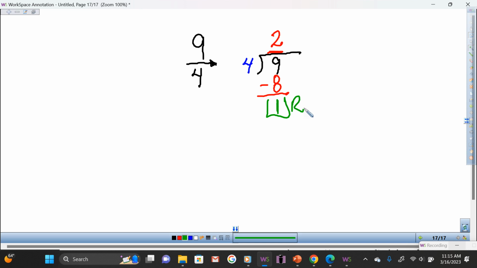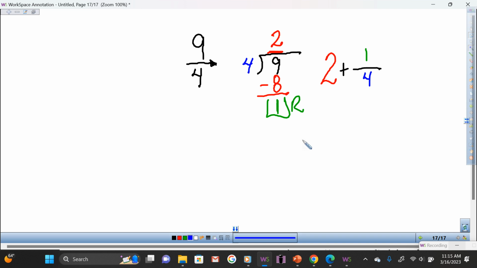That's my remainder. So what is my answer for that? The answer is 2 plus, what goes on top? 1 over 4. That is correct. All right.